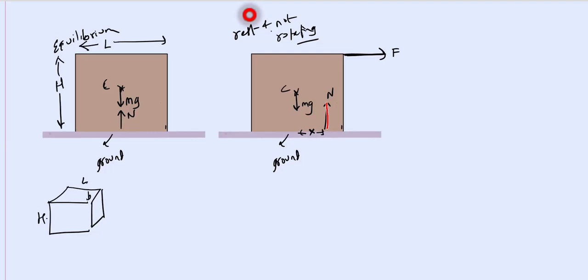The normal reaction starts moving away from the center of mass and acts in this particular direction. Now we'll see how the net torque about the center of mass is zero. Why should it be zero? Because the block is at rest, no? The block is at rest.